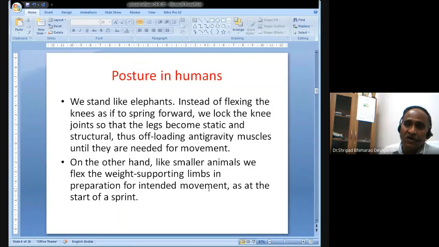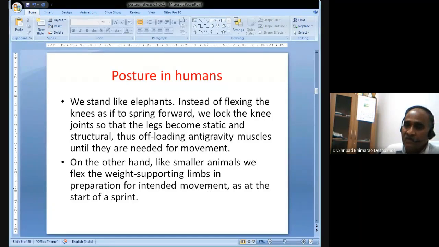If you have observed a rat, they are always trying to run away or escape. So in that situation, we also support some flexion attitude. That means the weight-supporting limbs are in preparation for a potential movement, as if we were ready to run.